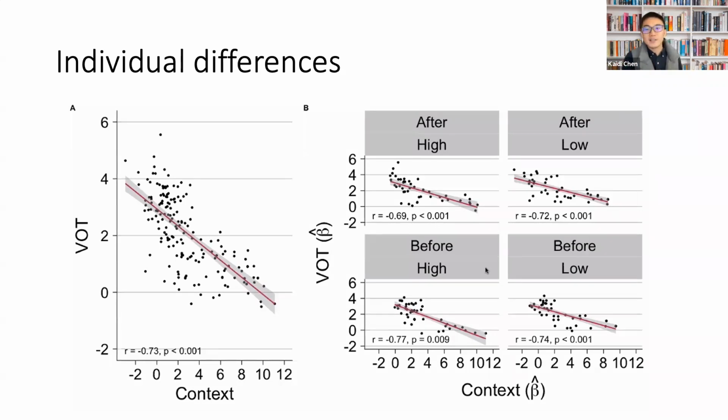So it's already very clear here that there's a trading relationship in individual strategies in all 4 cells.